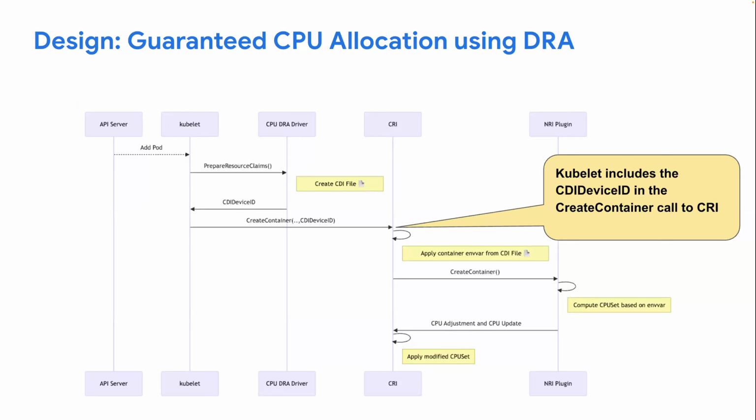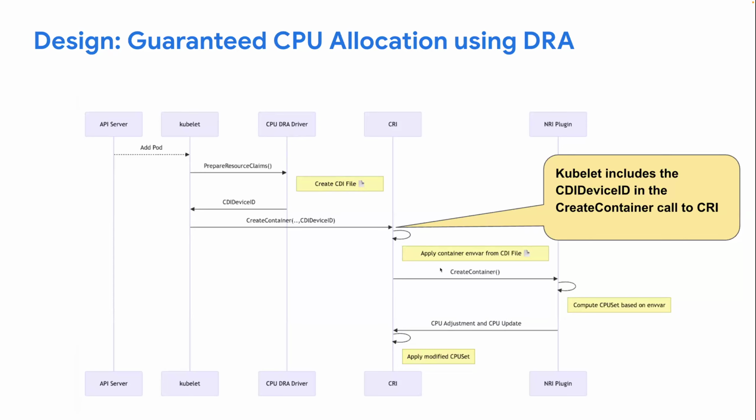Once the DRA driver prepares the claim, it creates a CDI file which has information on what resource claim gets what CPUs, and the NRI plugin will get a callback when a container is created, and it will look at the same CDI file and do the actual actuation.